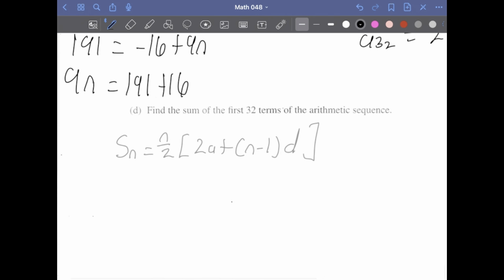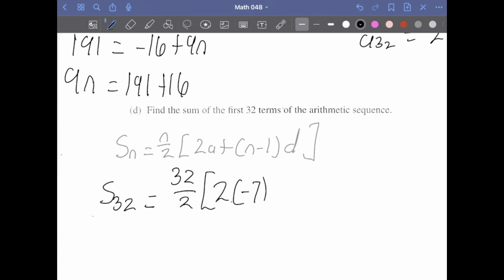And it's 32, so S32 is equal to 32 divided by 2 times 2, again negative 7, plus 32 minus 1 times 9.